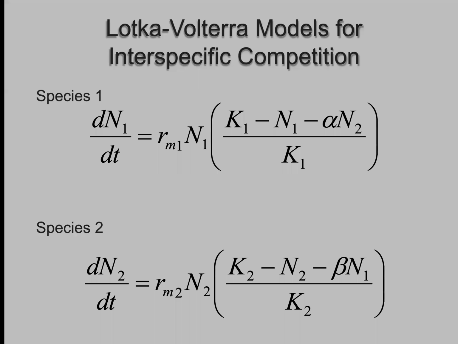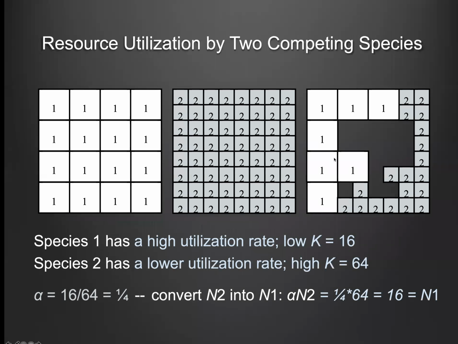What we said a second ago was if alpha was 1/4, then beta, if it's the reciprocal, would be 4. If that's the case, almost every time, species 1 is going to drive species 2 to extinction because it uses more of the resources.